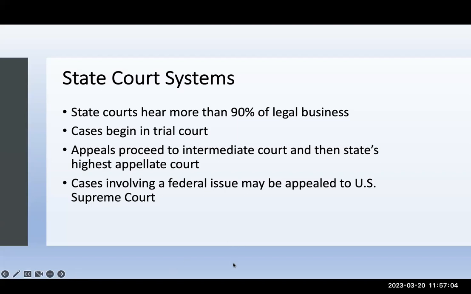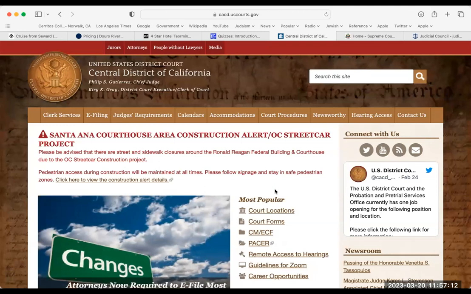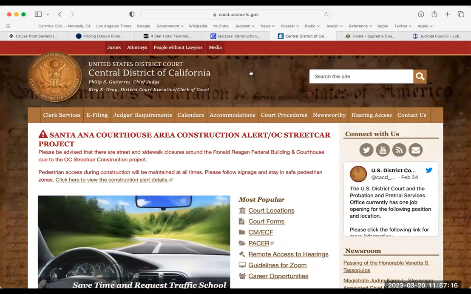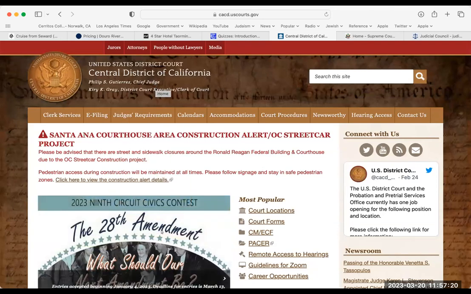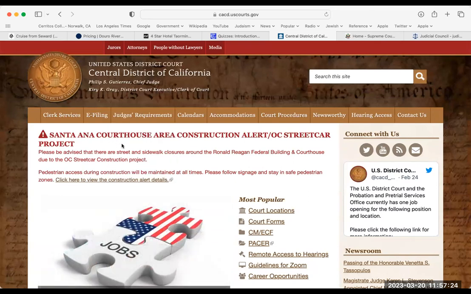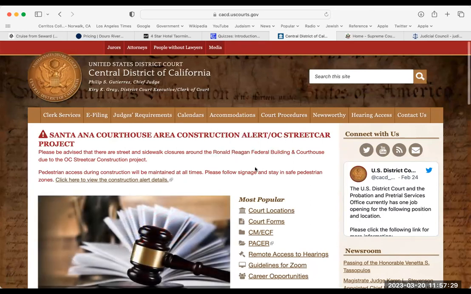I'd like to show you just real quickly some of the websites associated with various court systems. The first one I'm showing you is the website of the United States District Court for the Central District of California. And it's structured in such a way that it has the ability to electronically file things in the courts.